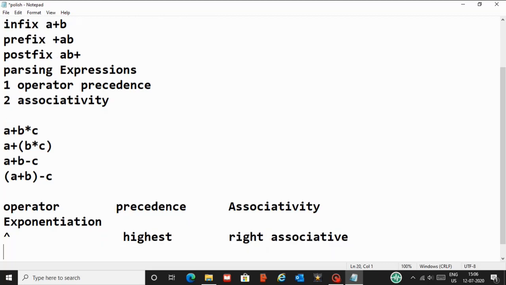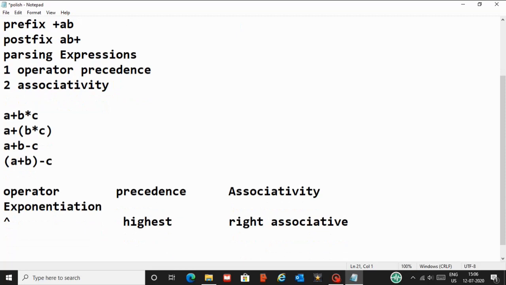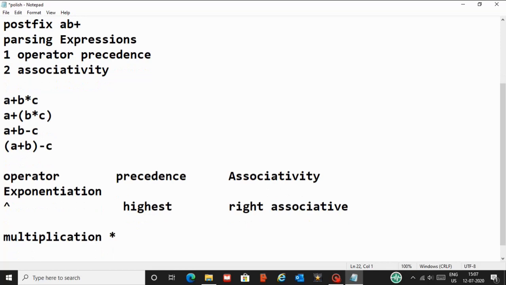The next one is multiplication. What is the multiplication symbol? It's star. And then division.